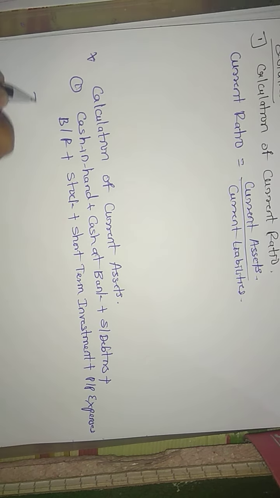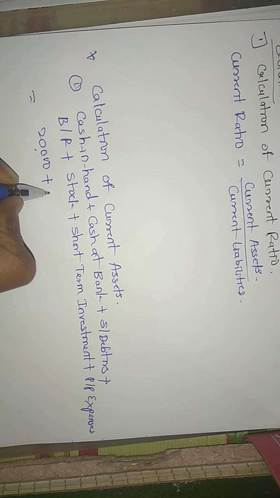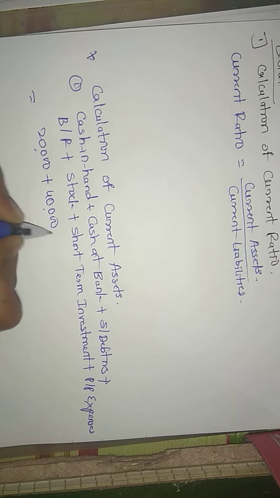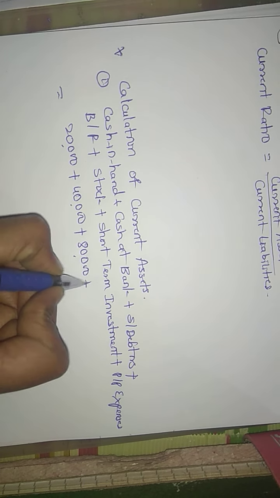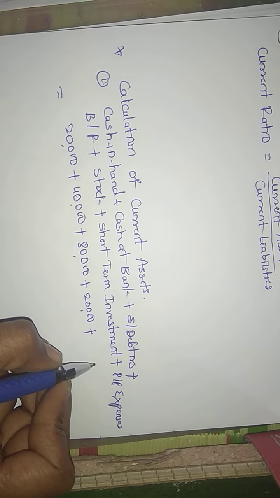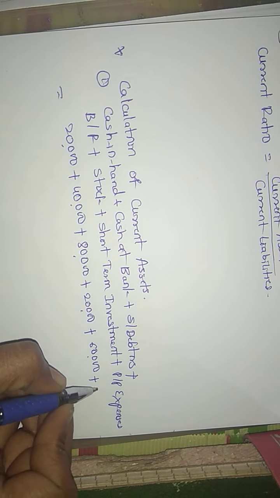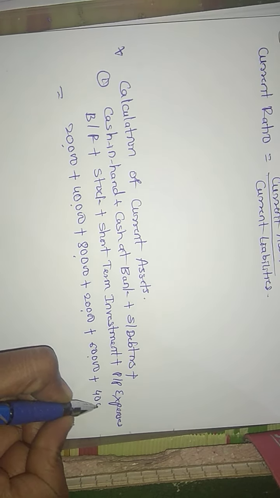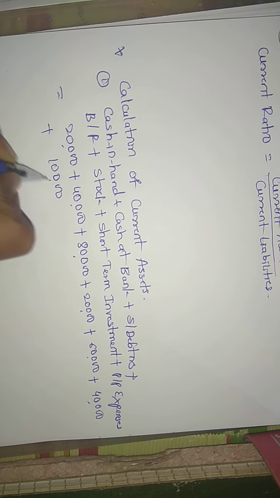Okay, then see here the amounts: 20,000 plus 40,000 plus 80,000 plus bills receivable 20,000 plus stock 60,000 plus short-term investments 40,000 plus prepaid expenses 10,000.